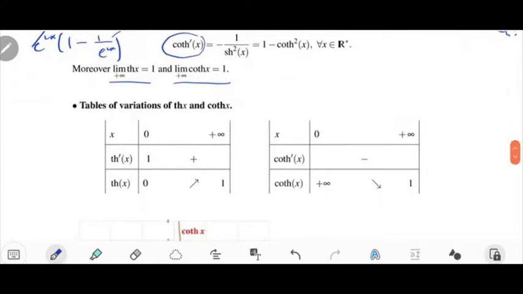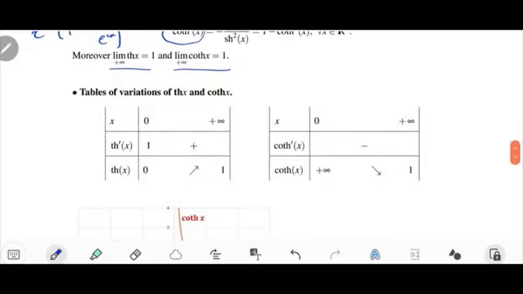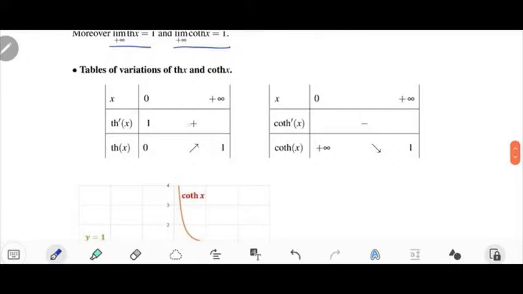And the tables of variations of th and coth will be as follows. th is increasing from 0 to 1 with a slope of the tangent equal to 1 at 0, and coth is decreasing from plus infinity to 1.